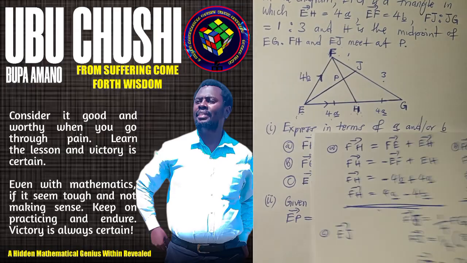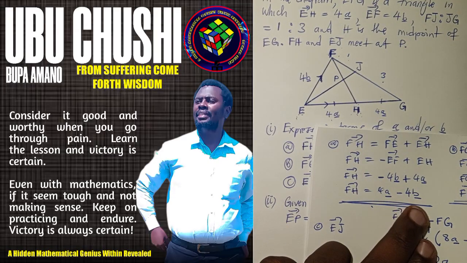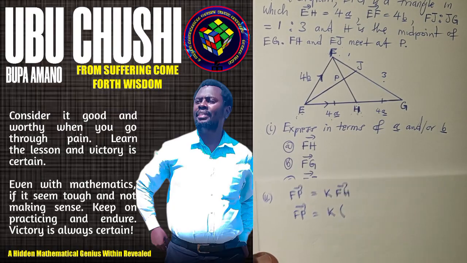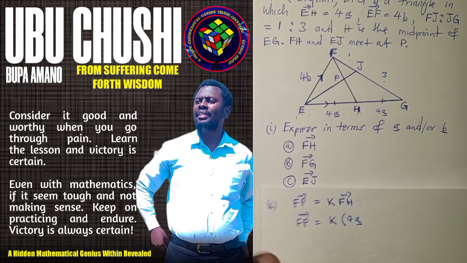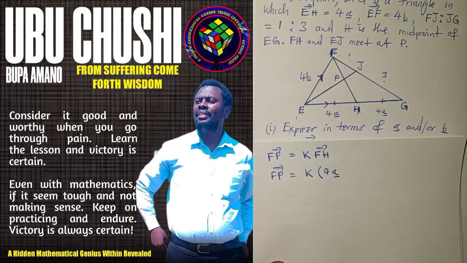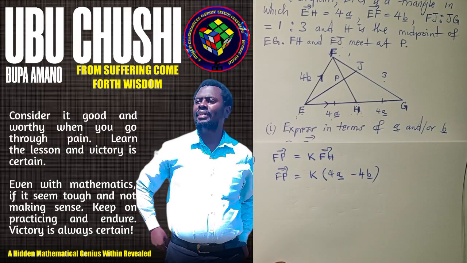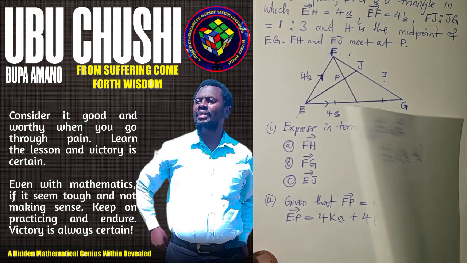So FH, we have 4 vector A minus 4 vector B. Okay, so we have 4 vector A minus 4 vector B. Then we can expand that one.